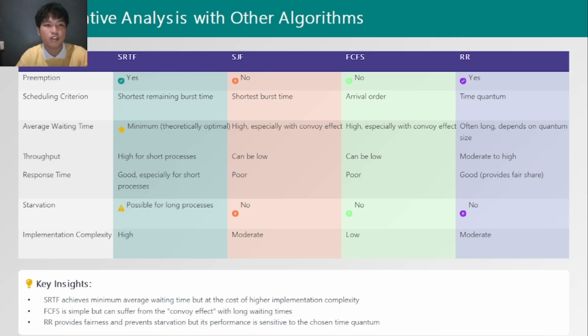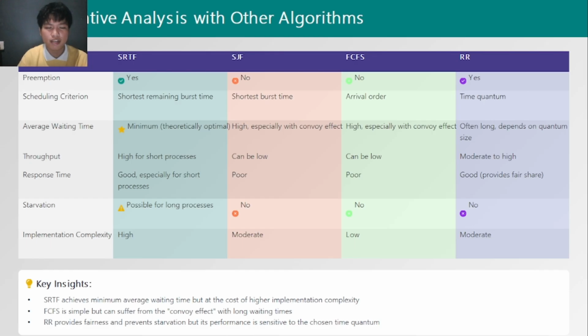Here is the comparative analysis with other algorithms. Compared to first come first serve, also known as FCFS, or round robin, SRTF is more complex to implement but offers the best theoretical wait times.